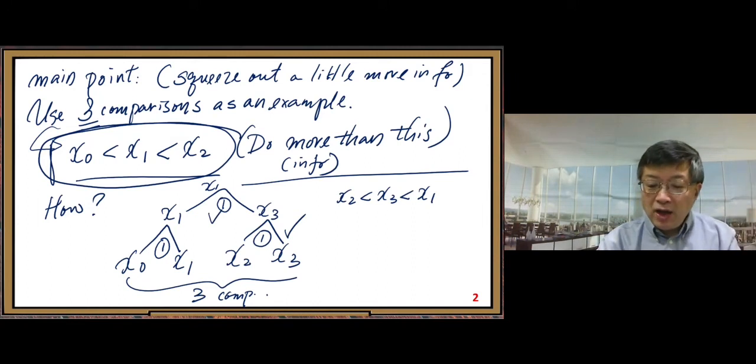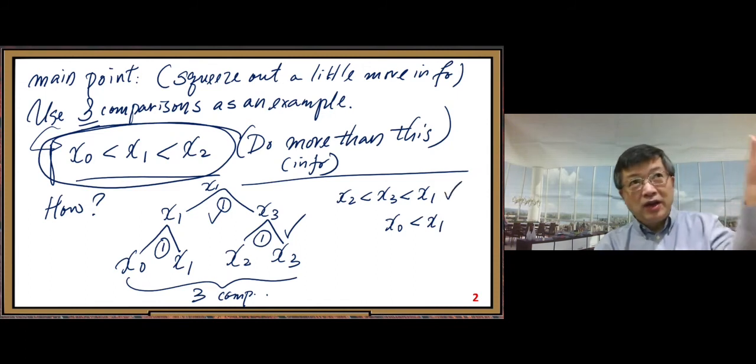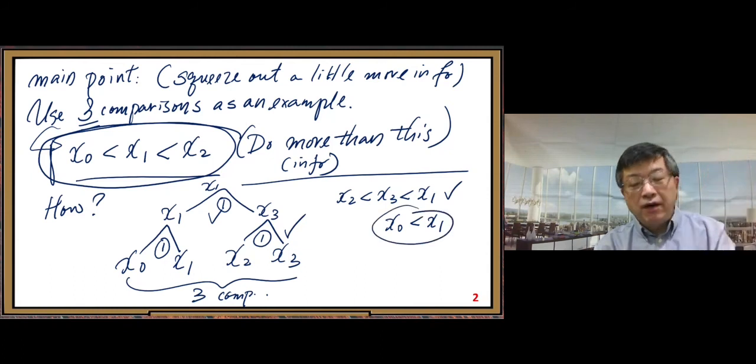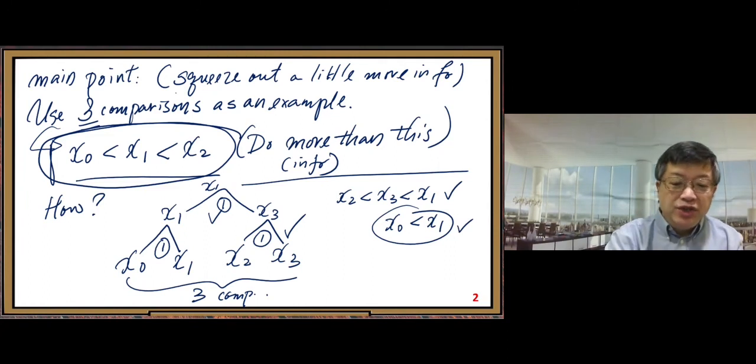But at the same time, we get X0 also less than X1. How about that? Okay, you see, other than these 3 elements being sorted, we get another extra piece of information here. Okay, so that's what I mean. We can squeeze out a little more.